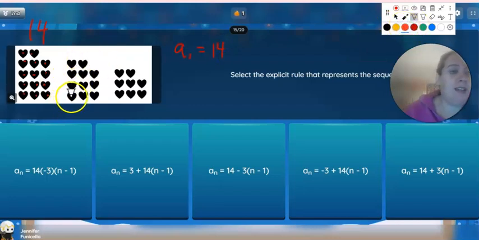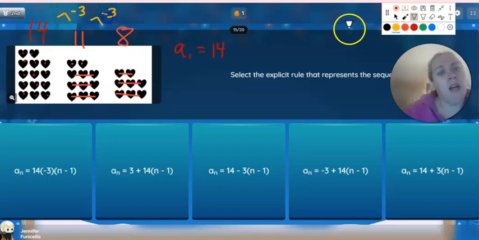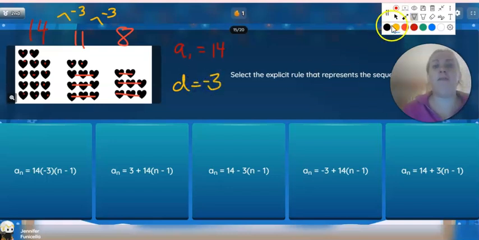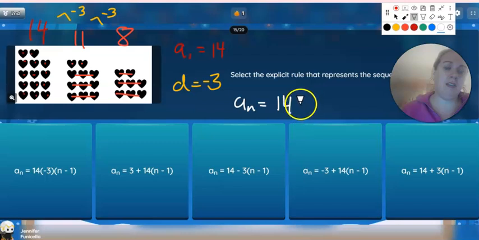So we can see each time we are losing 3 hearts. Sad. So our formula is A sub n is 14 plus n minus 1 times a -3.